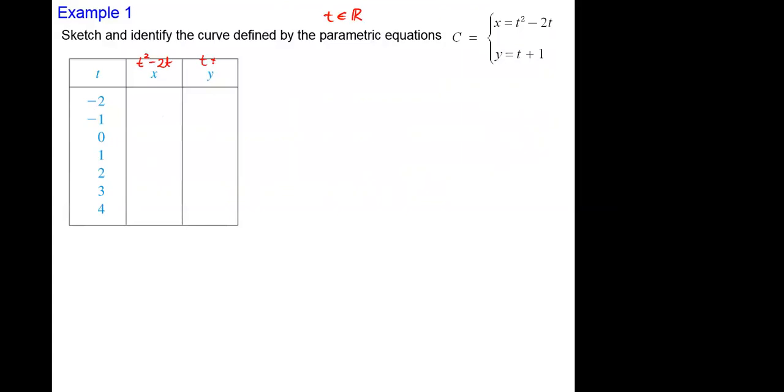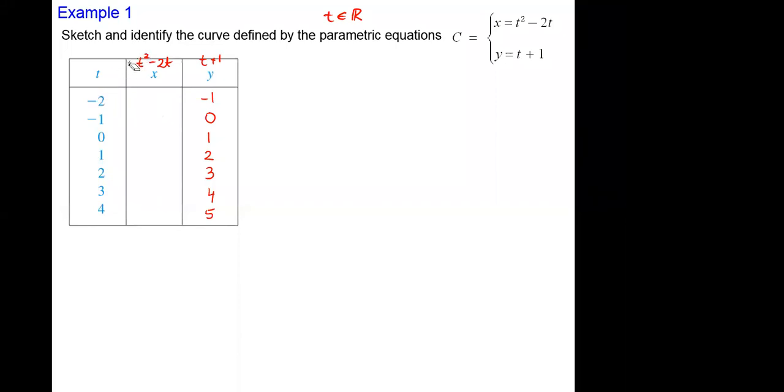Y is defined as t plus 1. Oh, t plus 1 is easier. Let's start with t plus 1. -2 plus 1, -1. -1 plus 1, 0. And then 0 plus 1, 1 plus 1, 2 plus 1, 3 plus 1, 4 plus 1. That's easy.